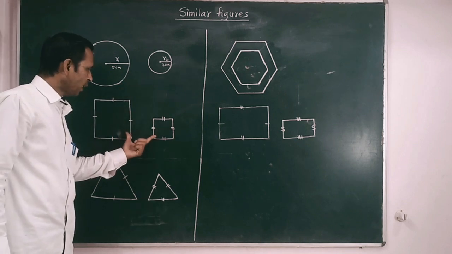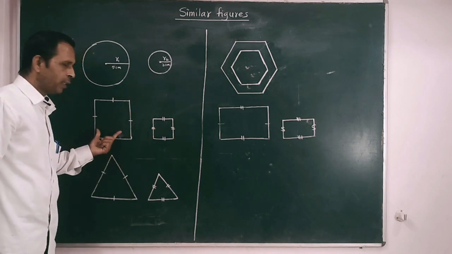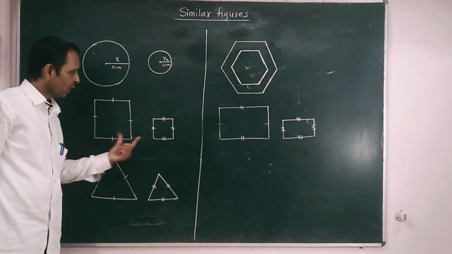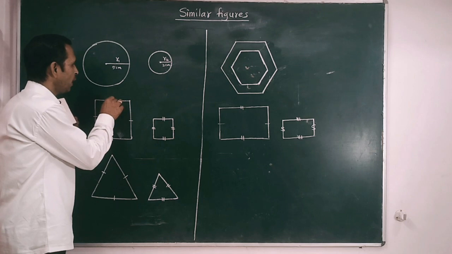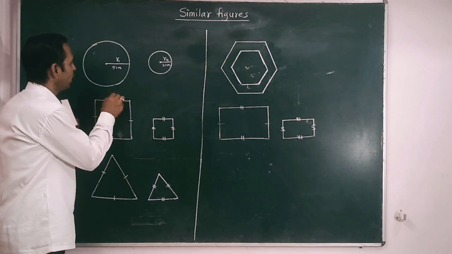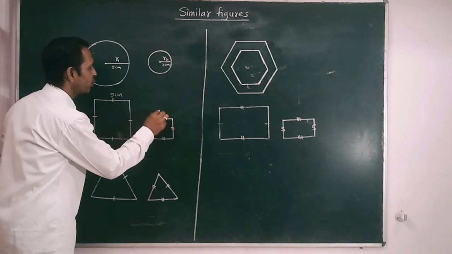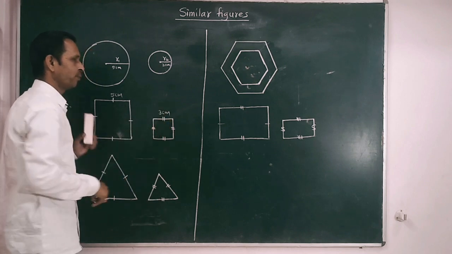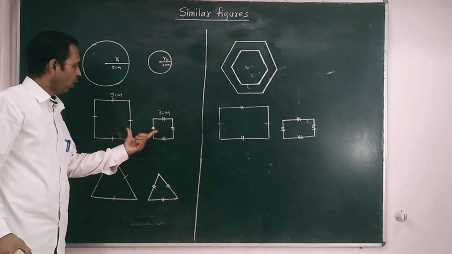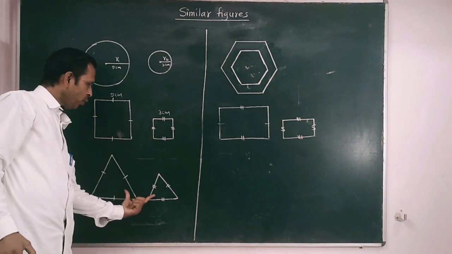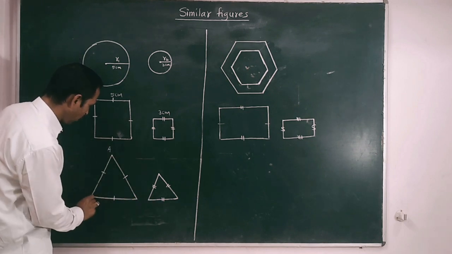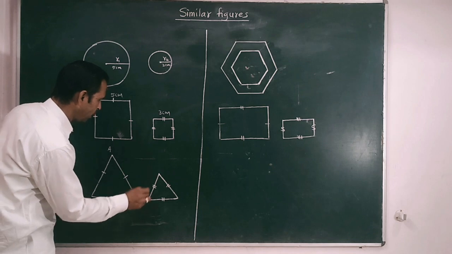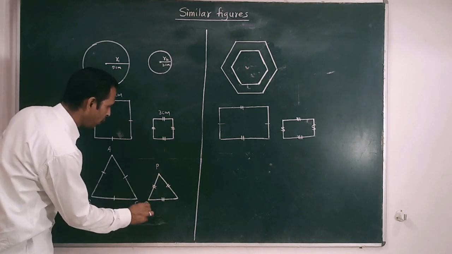Now look at the second figure. This is a square. This is also a square. But the side of this square is, suppose, 5 centimeters and the side of this square is, suppose, 3 centimeters. Again, if you look, this is an equilateral triangle. Suppose this triangle is ABC and this triangle is PQR.